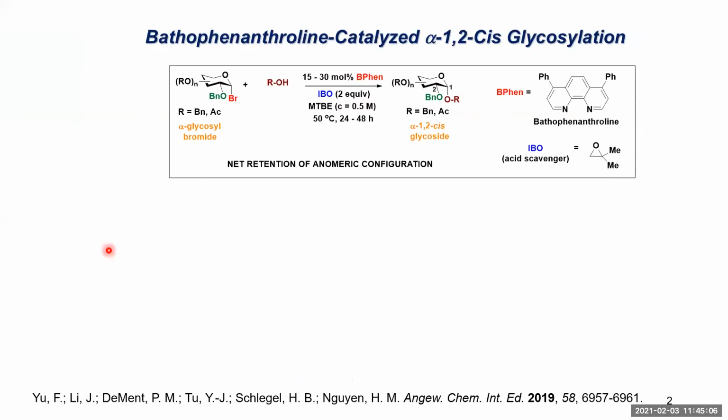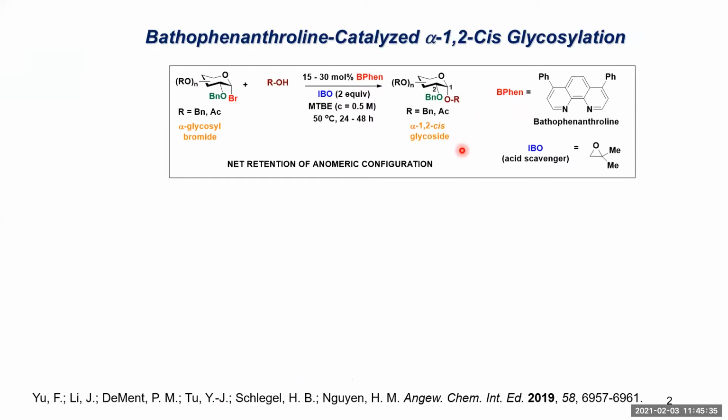Previously, we reported that B-phenanthroline can catalyze glycosylation and give us alpha-1,2-cis glycosides. We coupled this glycosyl bromide with an alcohol using a catalytic amount of the catalyst B-phen, and it gives us net retention of the anomeric configuration, which is this alpha-1,2-cis glycoside.